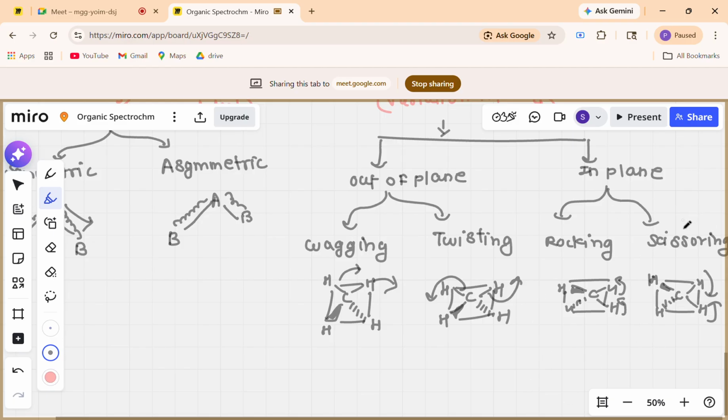Okay. So rocking and scissoring, these kinds of vibrations give rise to the in plane bending.